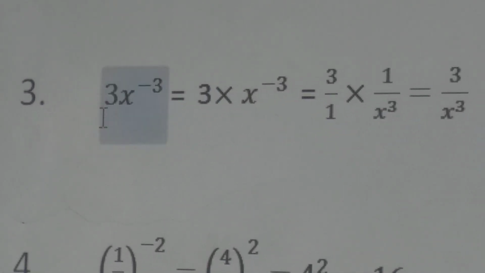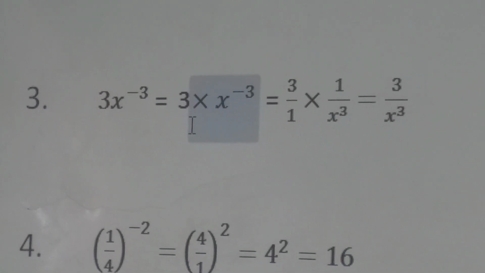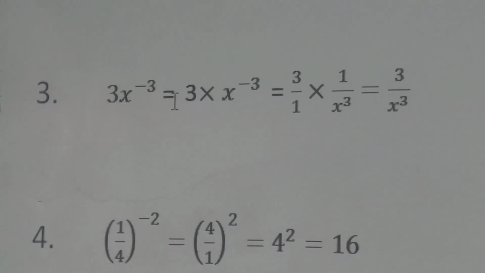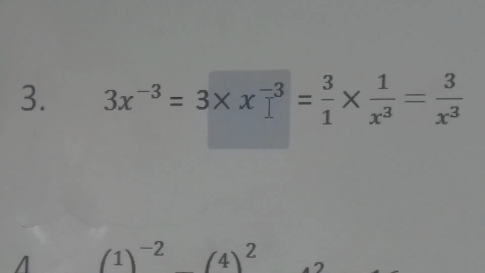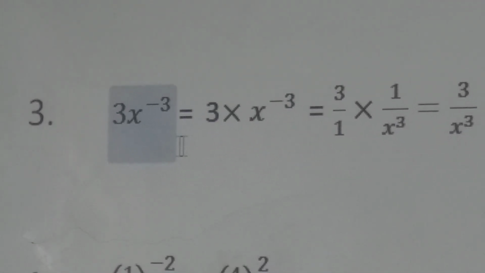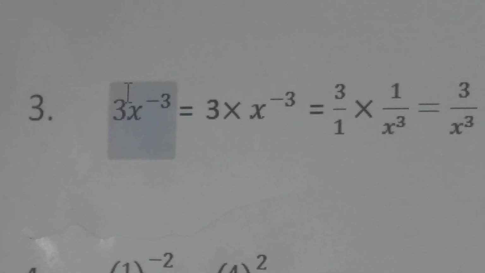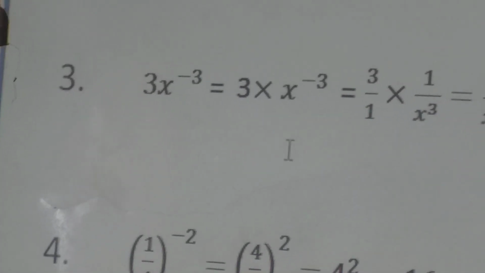Number 3. 3x to the power minus 3 means 3 times x to the power minus 3. But remember, the power minus 3 only affects x. It doesn't affect 3, because 3 is not bracketed to be powered to the negative power.